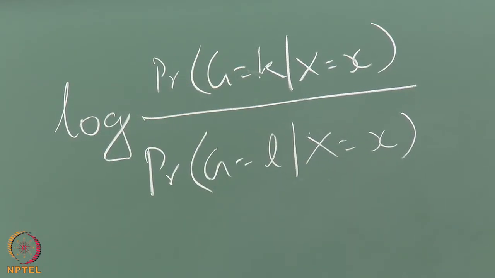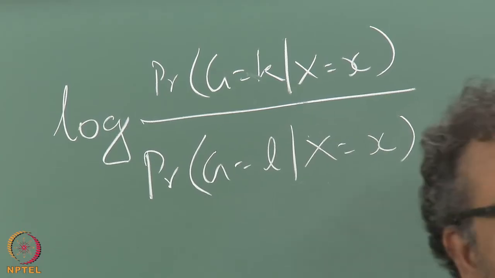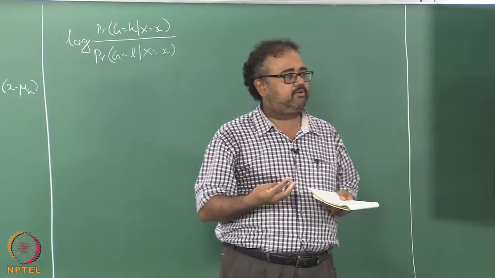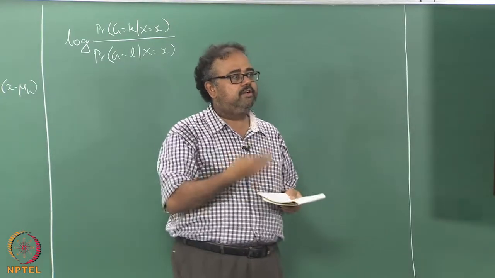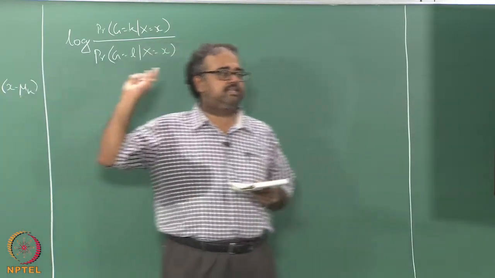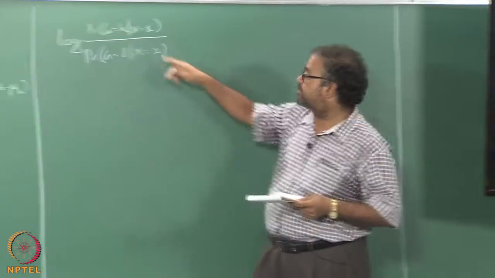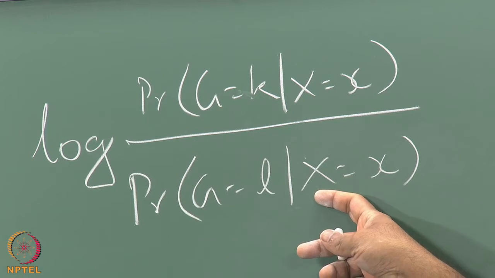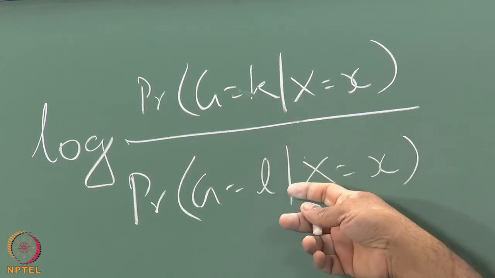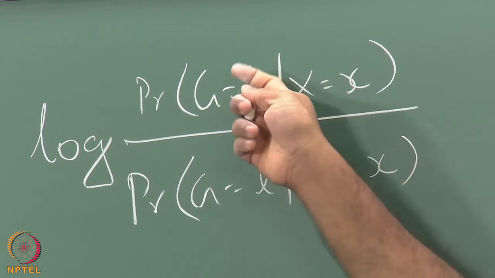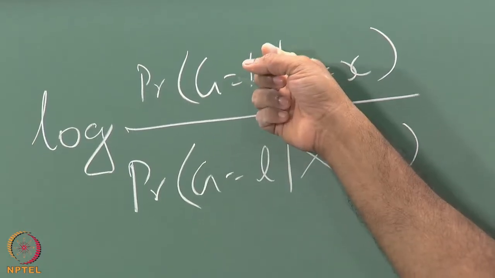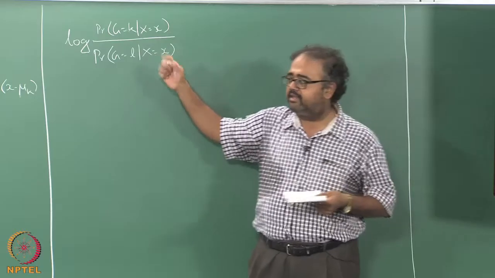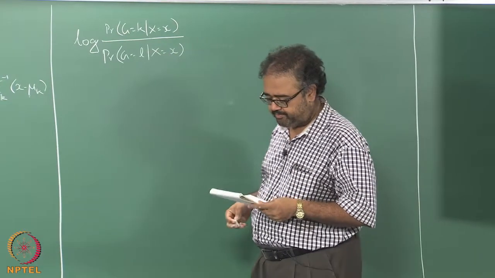Assuming there are only 2 classes, you have to make one comparison, but suppose there are really k classes, you will have to make k minus 1 comparisons to figure out which class it belongs to. So this essentially will give you the boundary. When the probabilities are equal, it could go either way, so this is going to be 0. When it belongs to class k, the numerator will be higher; when it belongs to class L, the denominator will be higher. Based on that you can decide which side it is going to go.